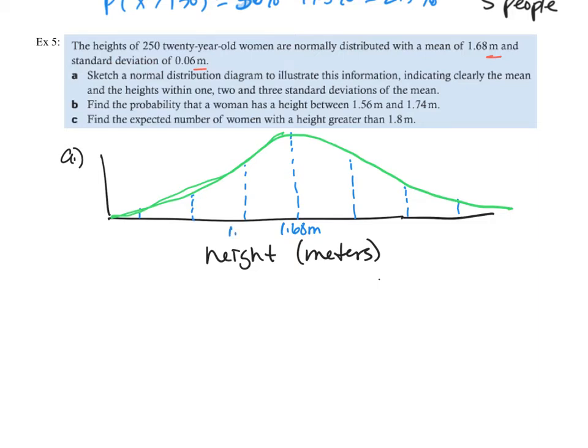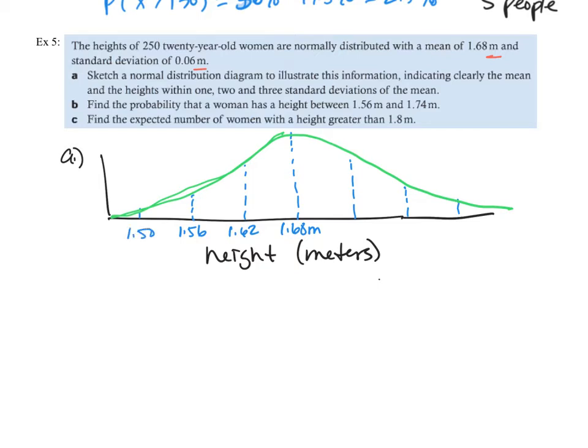So 1.62 is one standard deviation below the mean. Then if I subtract another 0.06, we get 1.56 for two standard deviations below the mean.